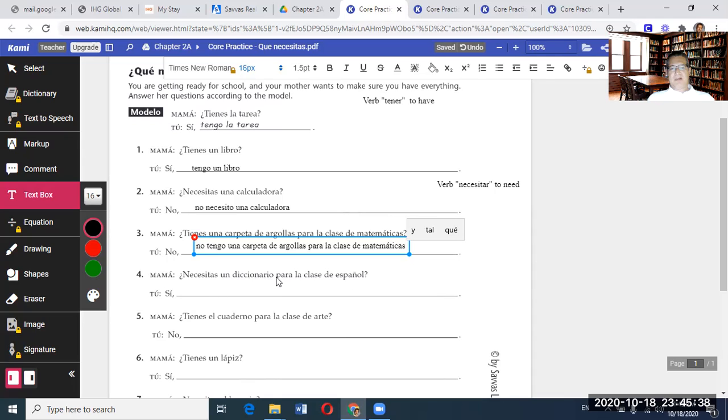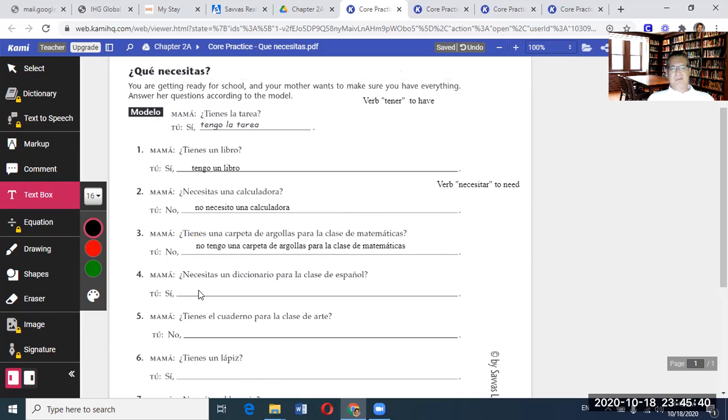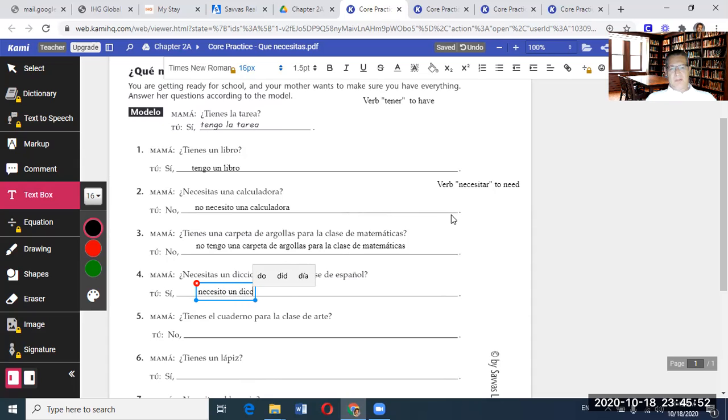Do you need a dictionary for the Spanish class? Sí, necesito, right? Yes, I need. Sí, necesito un diccionario para la clase de español.